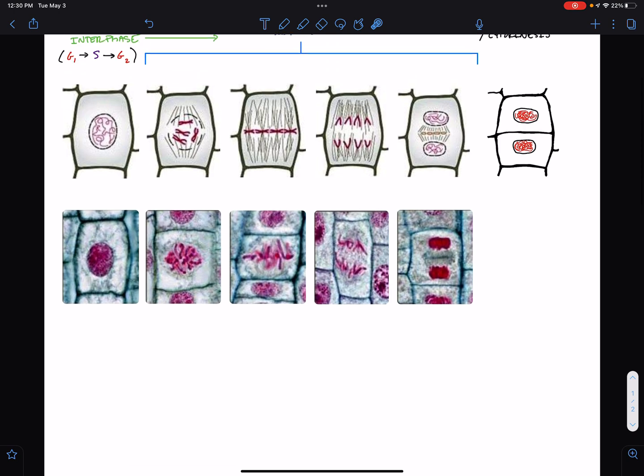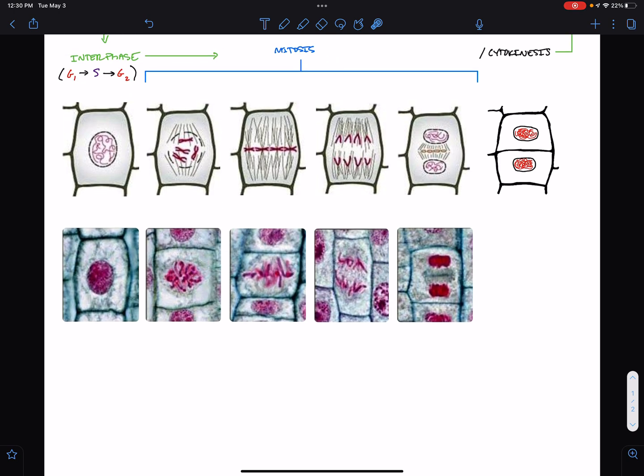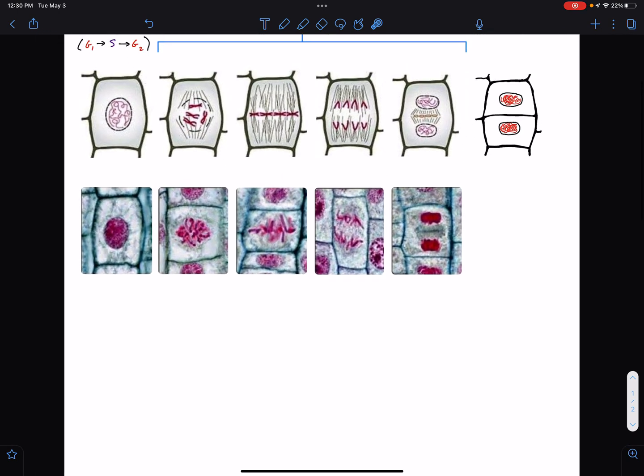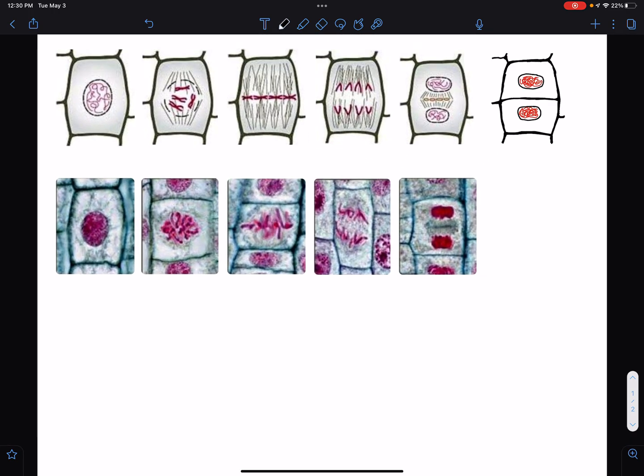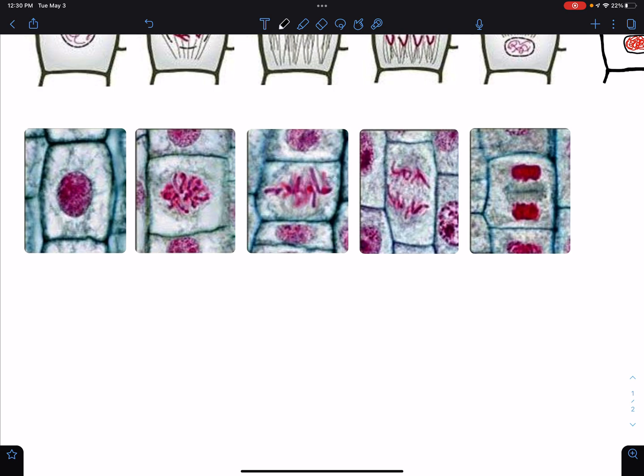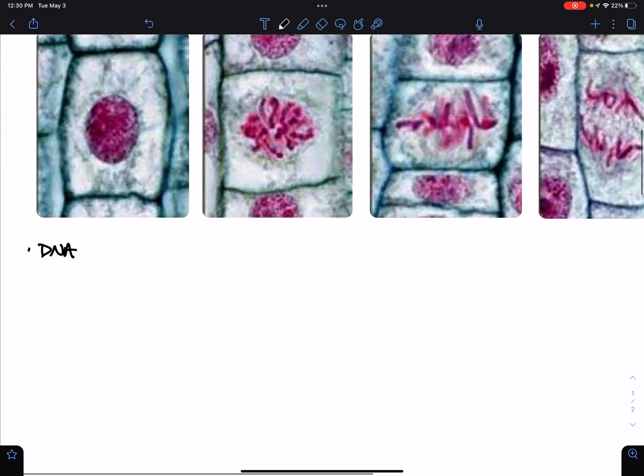In interphase, as I said before, the cell is growing, doing its normal cell life kind of stuff. And if we focus in on what's happening in the nucleus, in interphase, the DNA is in its loose, uncompacted form.